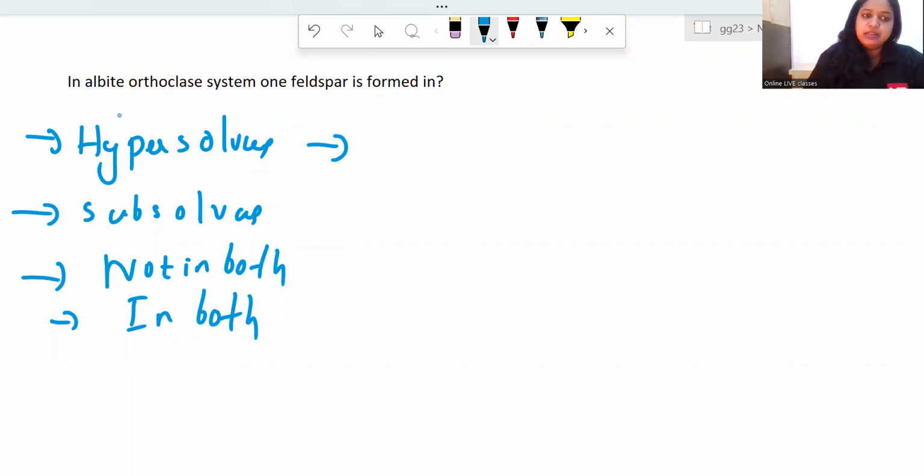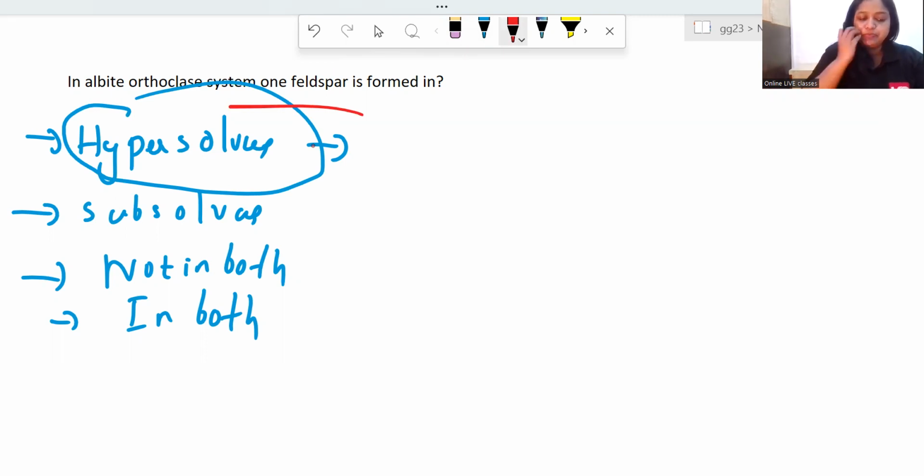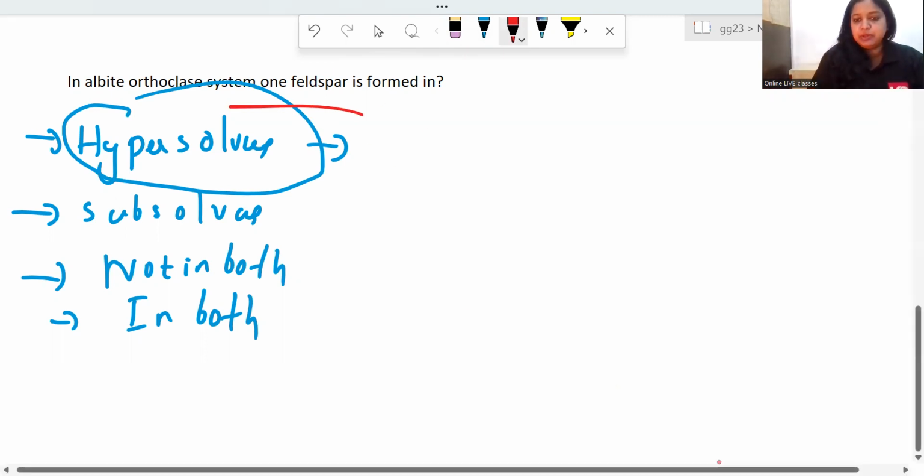Hence, the answer is hypersolvus condition. In the hypersolvus feldspar system only, the melt crystallizes completely to a single alkali feldspar above the solvus. So the answer is hypersolvus.